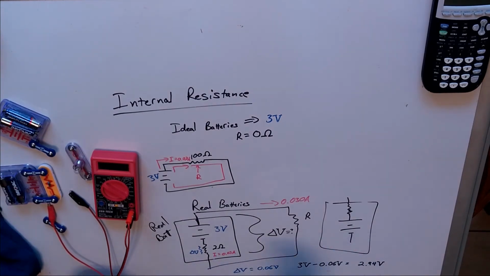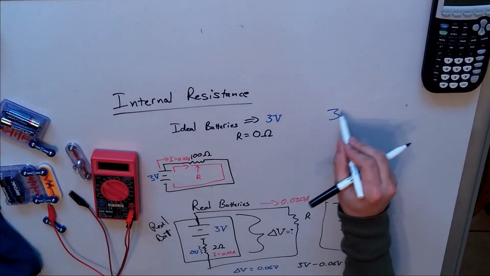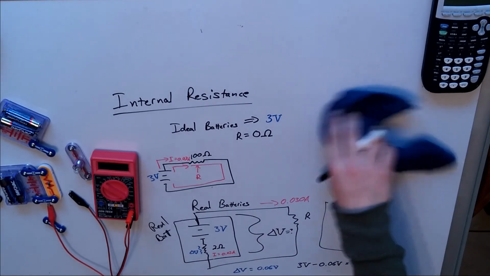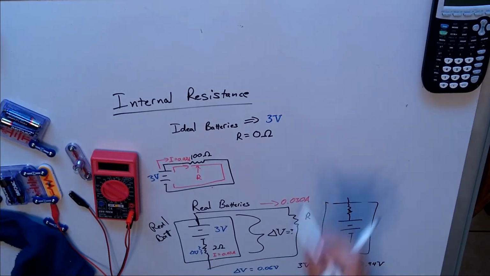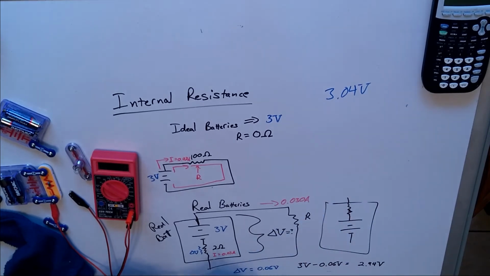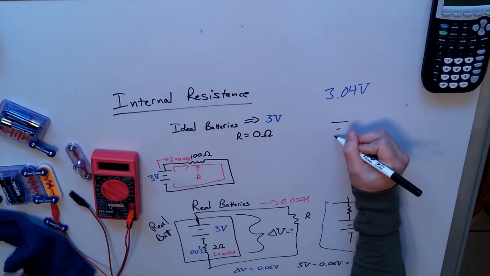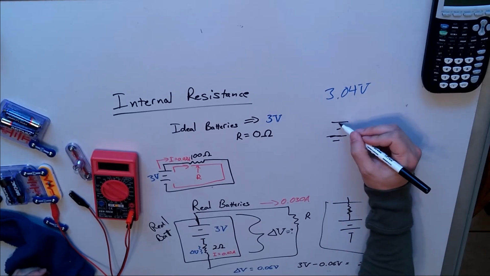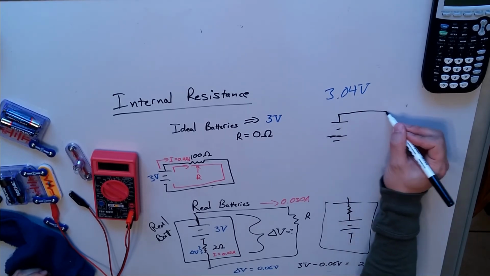Okay, so we know normally that it has a total of 3 volts. Great. And then when we connect it, 3.04 volts. That's with us not having it connected to a circuit and letting none of the charges flow anywhere.